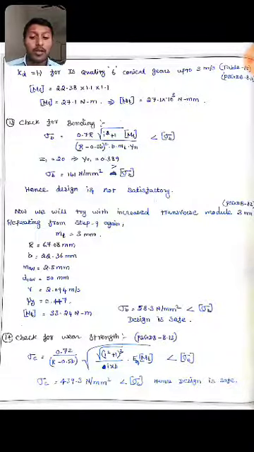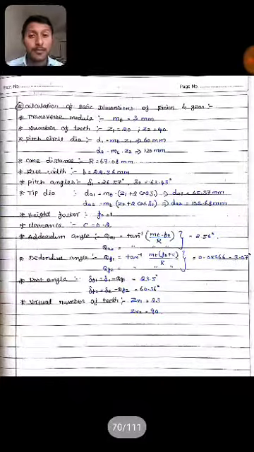So now substitute all the values in sigma c formula, and the sigma c final answer is 439.3 Newton per mm square, which is less than design sigma c, hence design is safe.